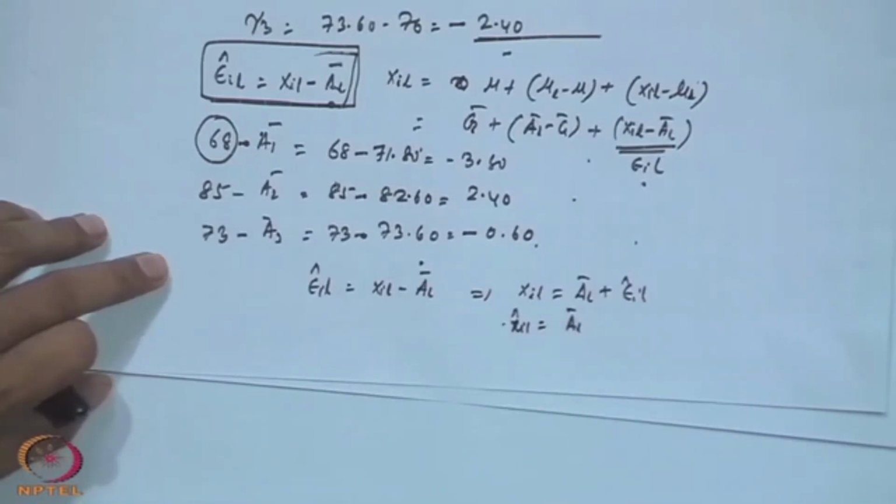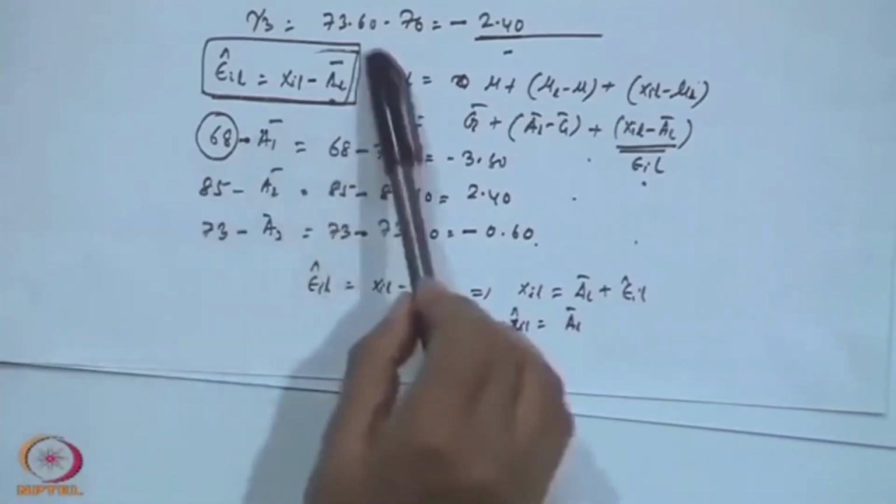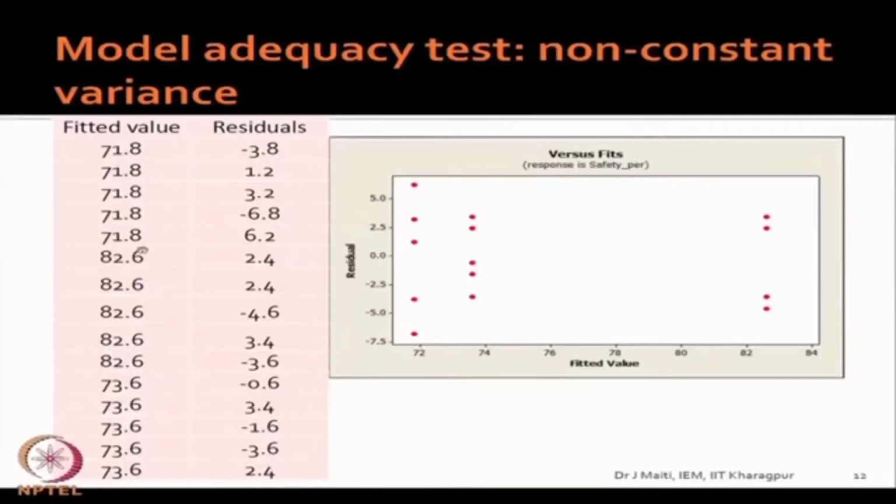As a result, you will find that for population 1, that is A1, the first 5 values are replaced by the average across A1. Similarly, the average across A2 for the second 5 values, and the third 5 values are the average across A3.